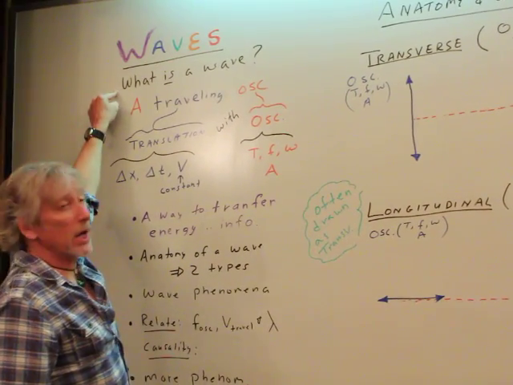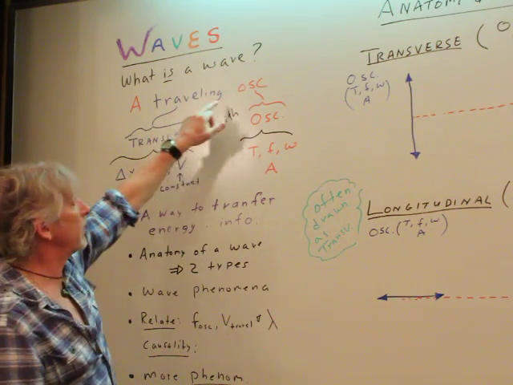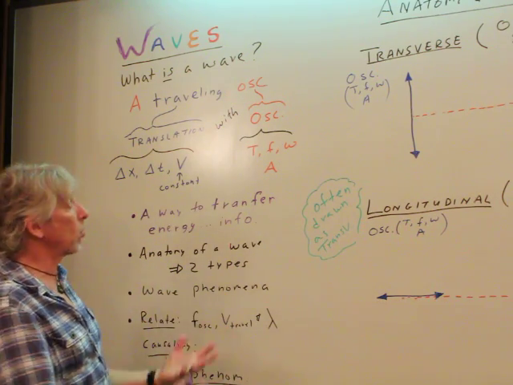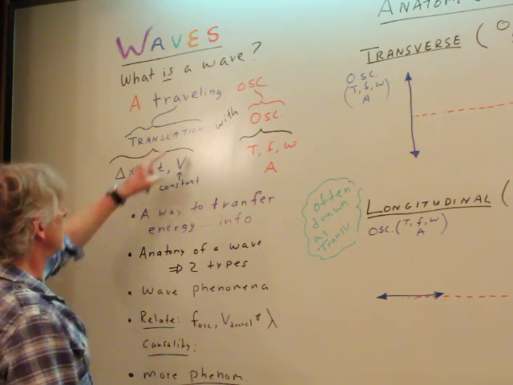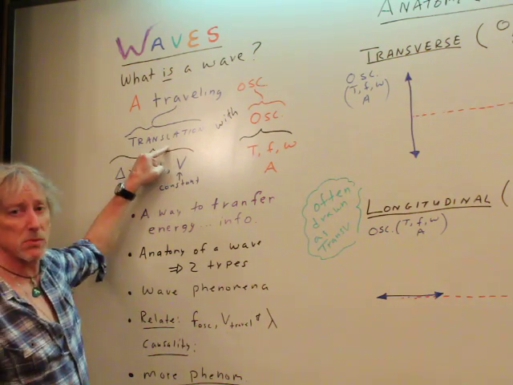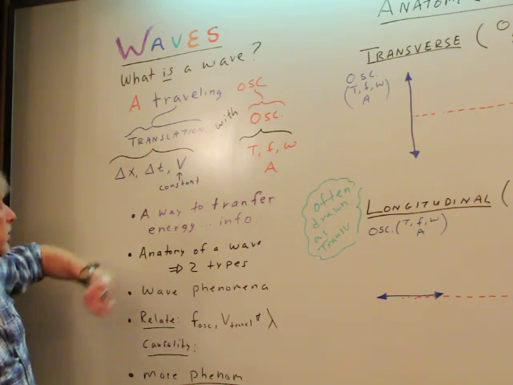Waves, what is a wave? Here's my definition, a common definition. It is a traveling oscillation, or vibration, if you want to call it that. Traveling, I can talk about in terms of translation, that is moving from here to there, translating from one position to another.